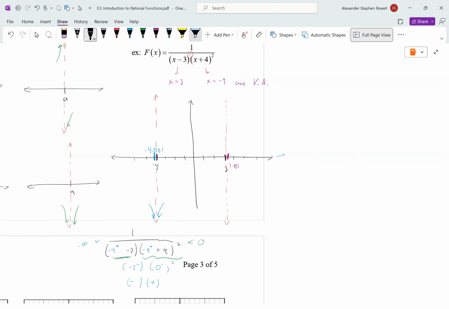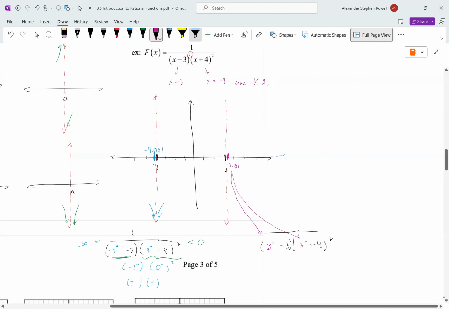So 1 over that number -3 and that number +4 squared. Okay, I'm perfectly fine with you plugging in 3.01. I'm going to plug in 3 plus instead, meaning something slightly larger than 3.